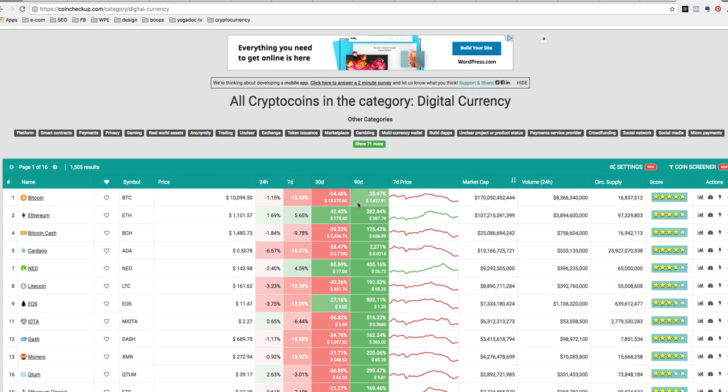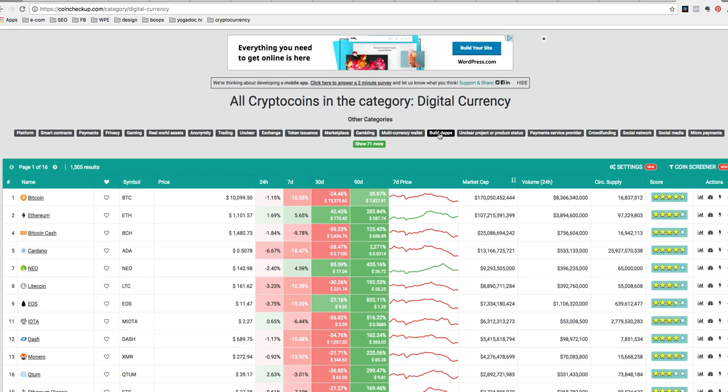So let's look at the decentralized application builders on Coin Checkup. You can see this tag says build dApps, build decentralized applications. Decentralized applications are simply applications that don't run on a single computer. They run on a network of computers, essentially on a blockchain.